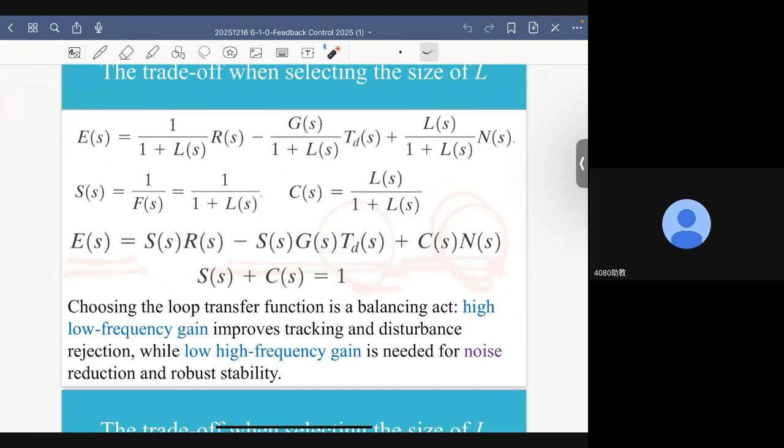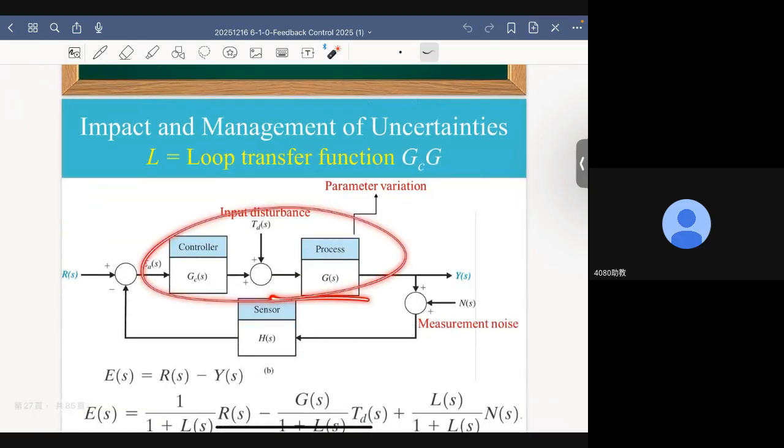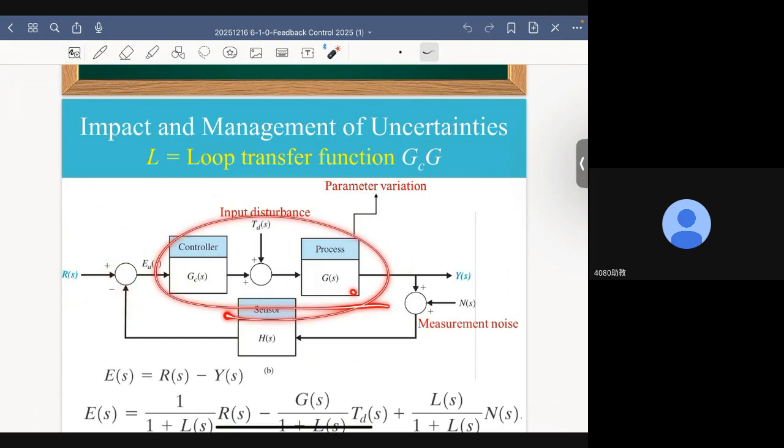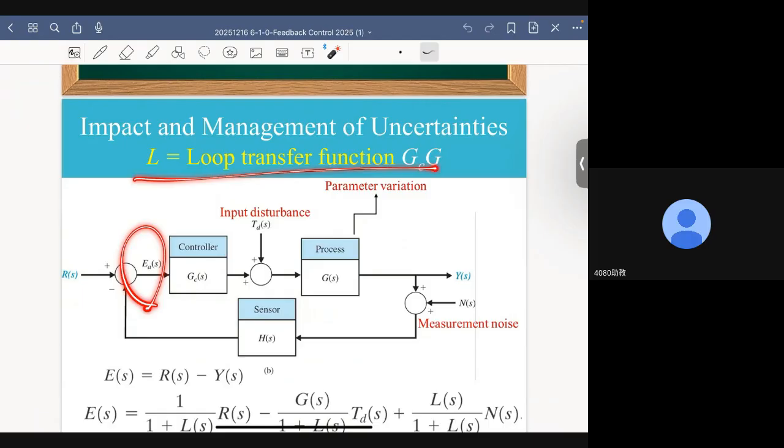The reason why we can reduce the impact of input disturbance by increasing L is this. Remember, the entire spirit of feedback control is error driven. Okay, the error is here, and the error will be multiplied with GC and then G. That is, the error will always be multiplied with the loop transfer function.